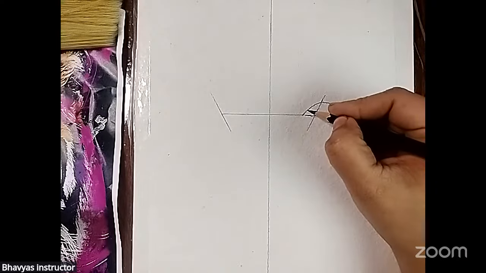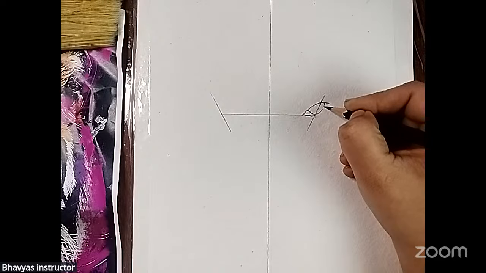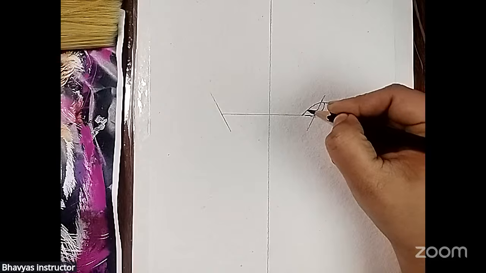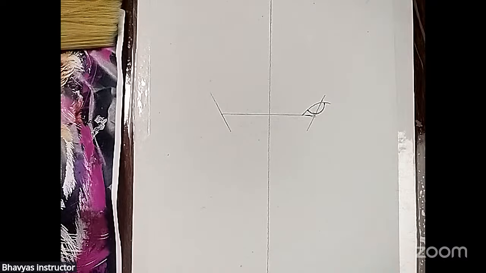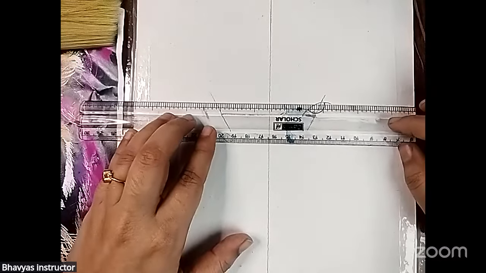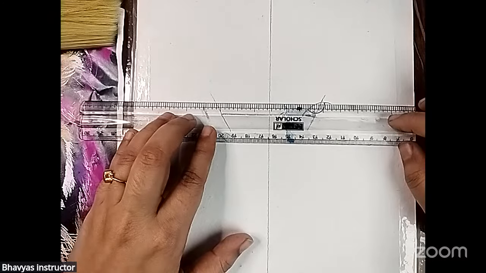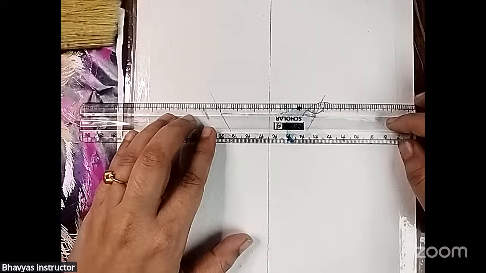I'm going to draw one half circle. Draw a half circle. And now just take one scale. You need to measure equal length. Scale should be straight properly.